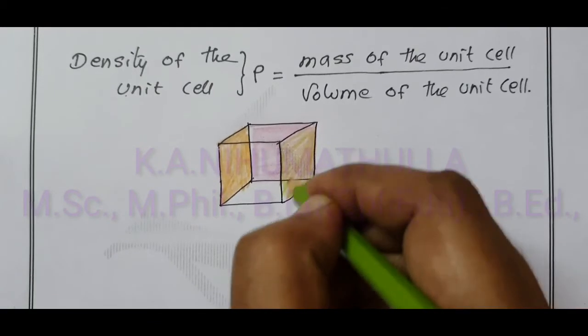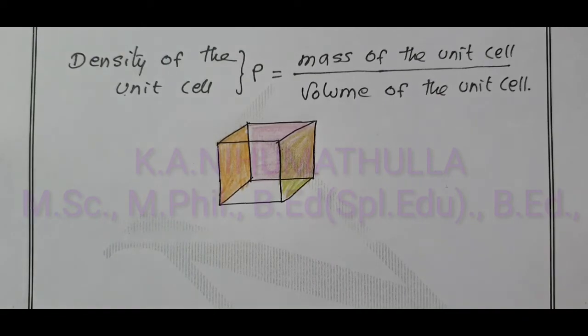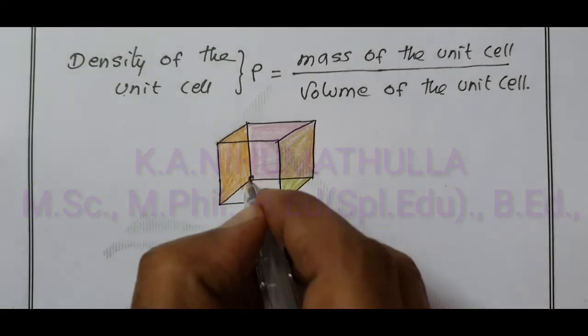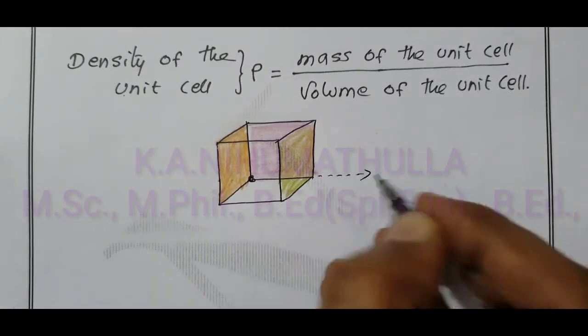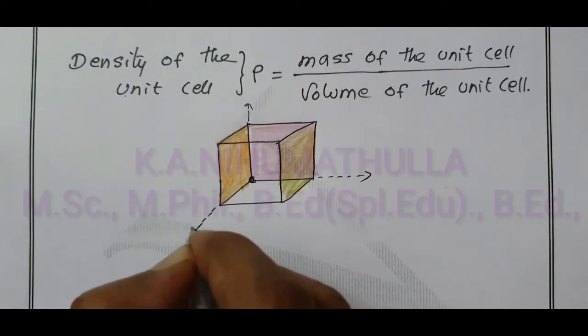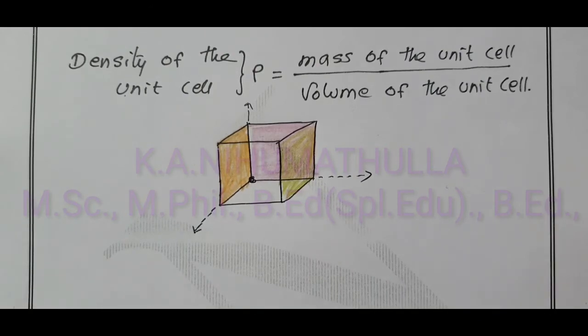The center point of the 3 axes lying here. This is the center point. X axis, Y axis and Z axis pointing towards us. This is the Z axis. What is edge length?